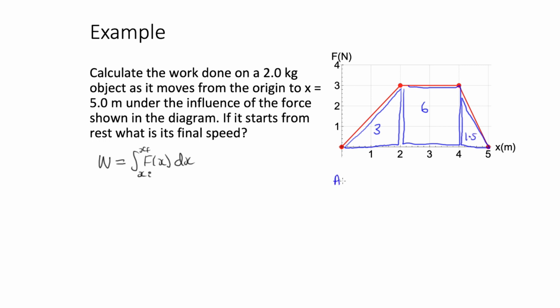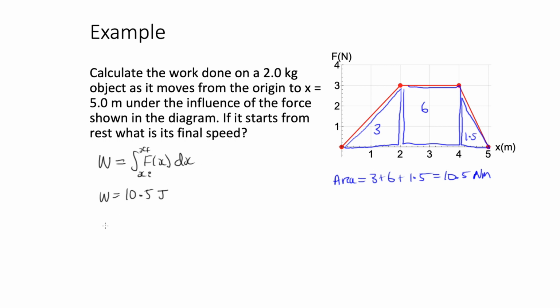So the area is equal to 3 plus 6 plus 1.5, which is equal to 10.5 Newton meters. So the work done is equal to 10.5 joules, or Newton meters if we want, but joules is equivalent to Newton meters. Now, if it starts from rest, what is its final speed?